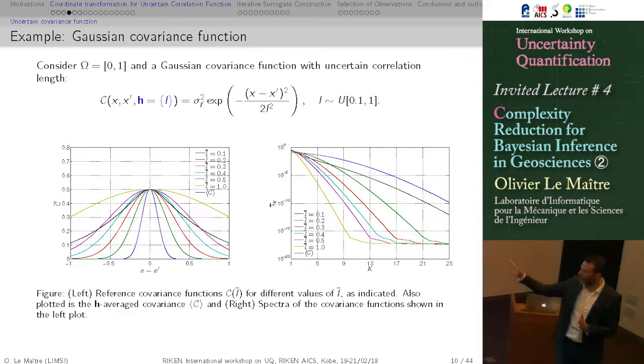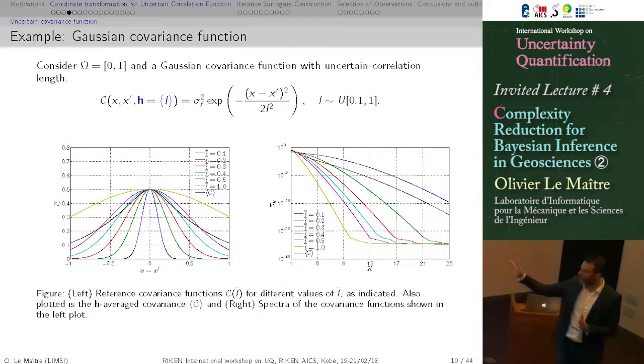So here is a typical example where we have this Gaussian type covariance function. The two-point covariance is decaying exponentially as a function of the square of the distance between the two points, and you have a parameter which is the correlation length. Here you have plotted different kernels for increasing values of the correlation length.